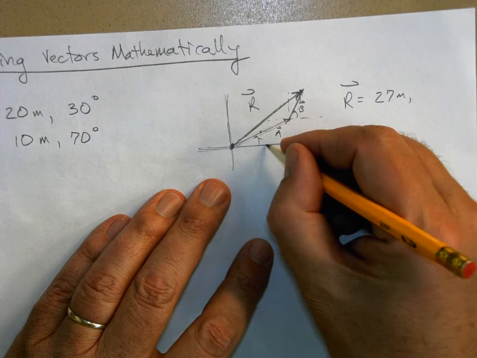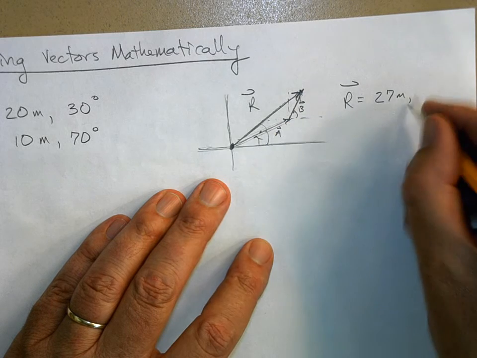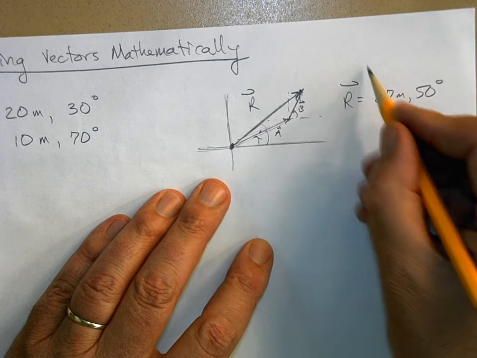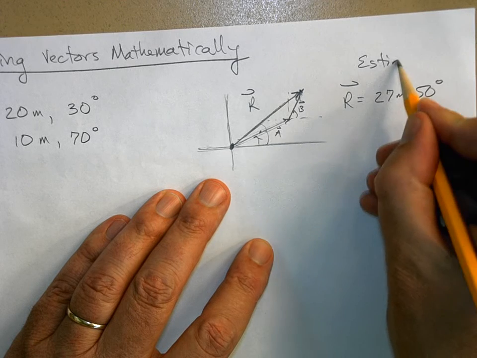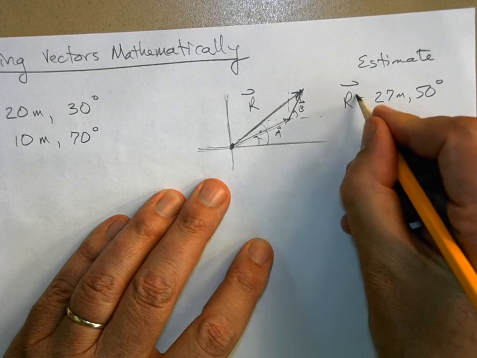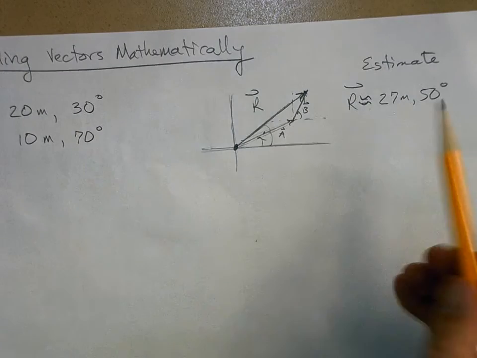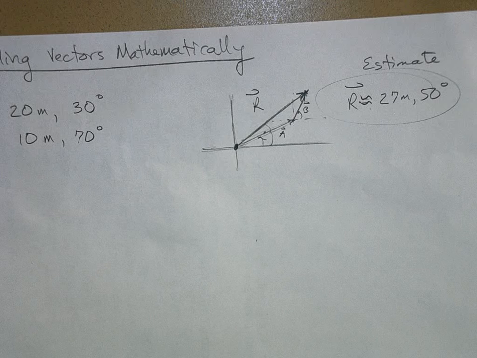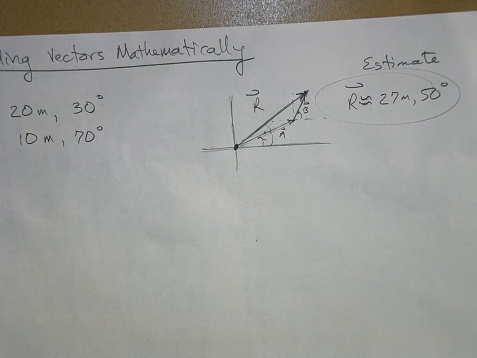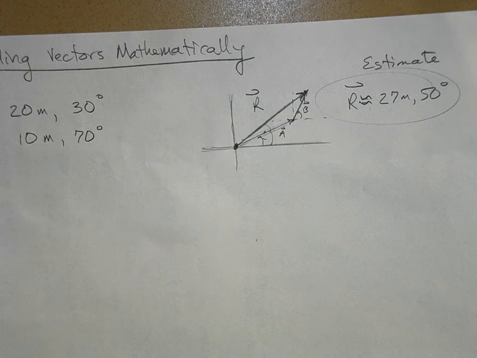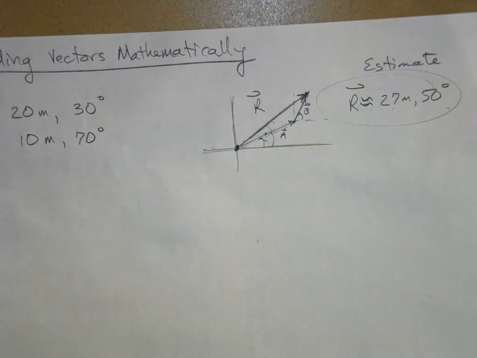And at what angle? Well, if this is 30, 40, 50, maybe 50 degrees. This is just an estimate, approximately, from a sketch. If you wanted to get a protractor and ruler and make it perfect, you'd probably get a slightly different answer.